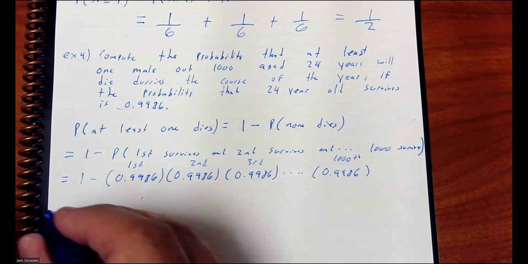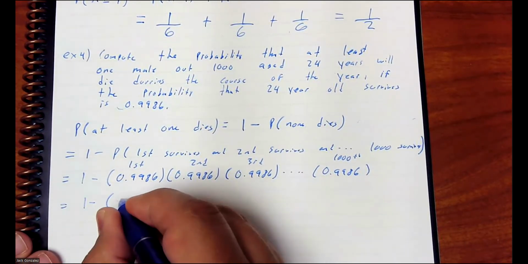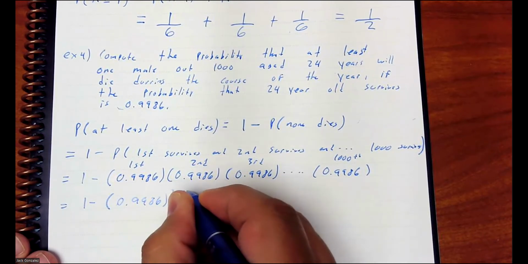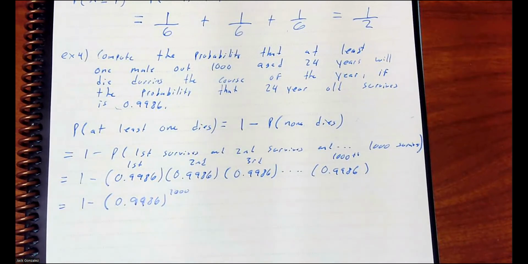So nobody dies. The chances of that happening would be 0.9986 to the 1,000. I want to add an extra detail for you, just in case. So calculate this. It's the probability that at least one person dies from that age group. That probability would be 1 minus this to the 1,000. So what is that?